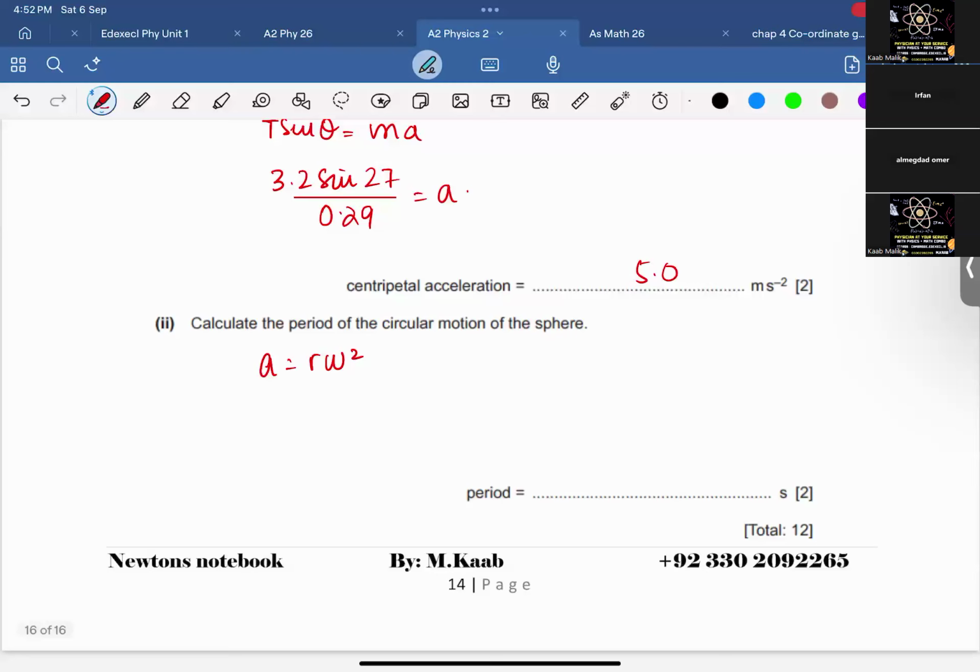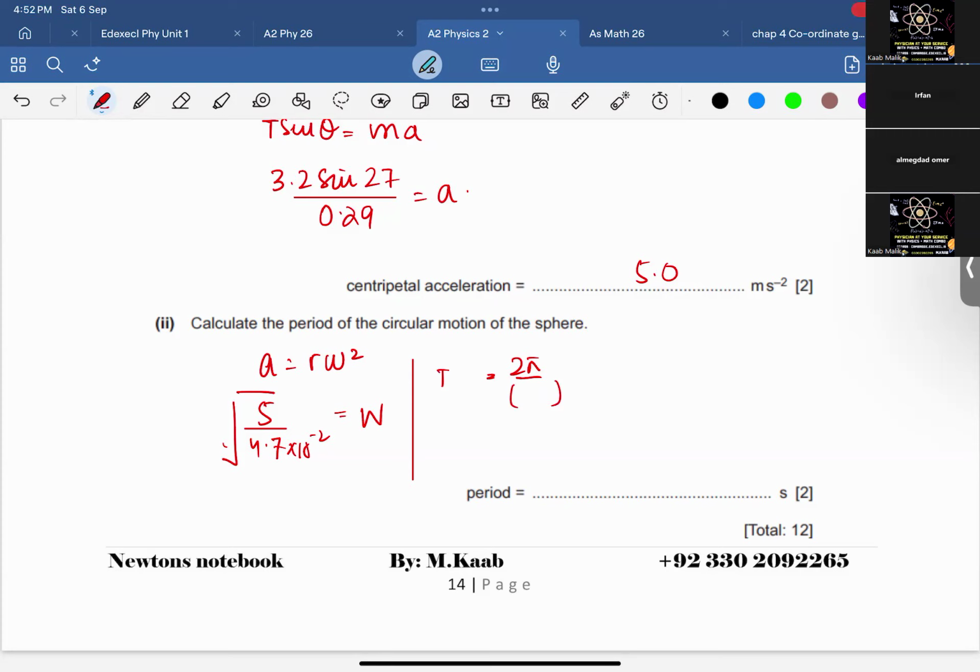So a equals r times (2 pi over T) squared. 5 divided by r, which is 4.7 times 10 to the negative 2, and the whole thing under root gives me omega. Then I can make 2 pi over T the subject, and just make T the subject and put the answer right here and you'll get the final value.